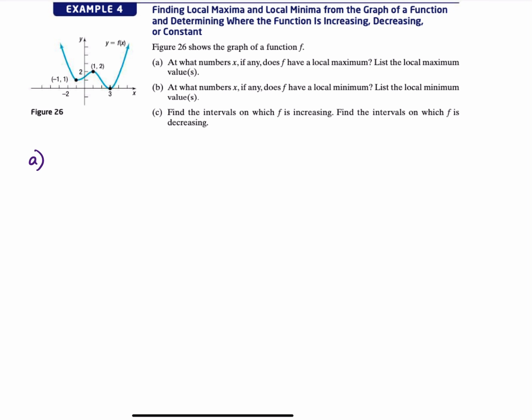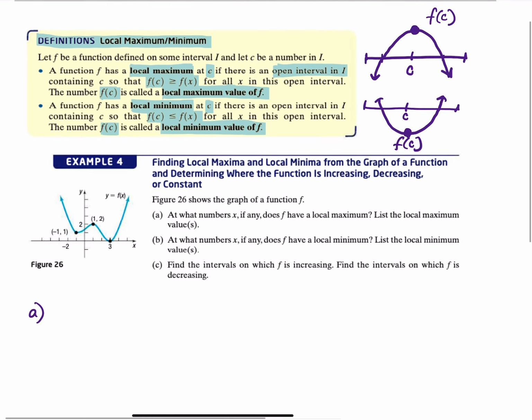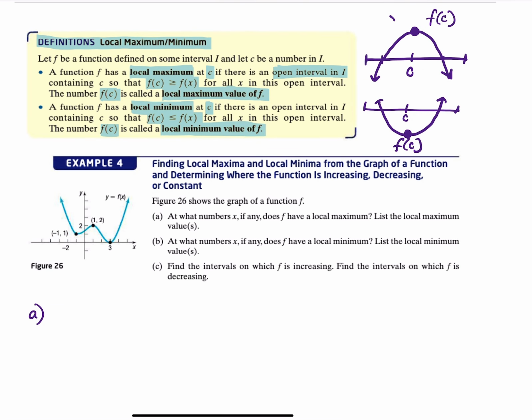So I'm looking for that hill shape, like what we were looking at here, some kind of top of a peak. And I do see we have one. You can imagine our little window around this point. Even though the function gets higher up here, we can create an open interval around, say, from 0 to 3. And we can see that it has a local maximum there.